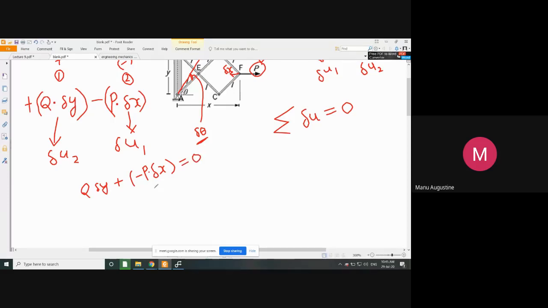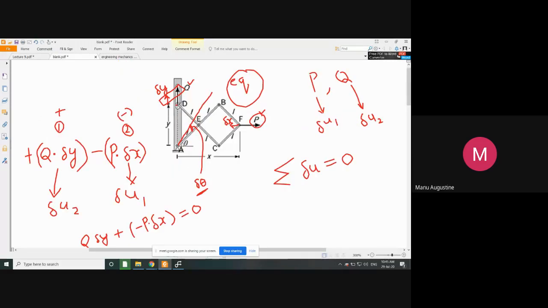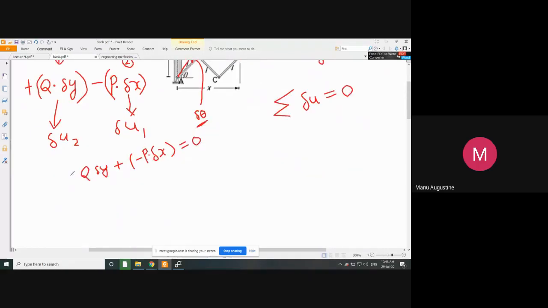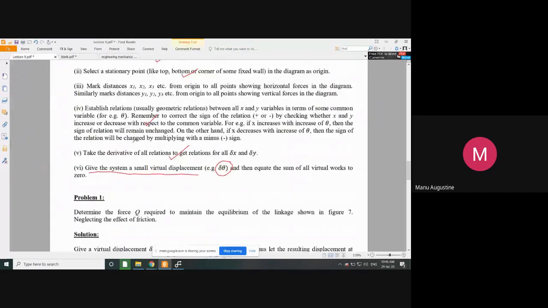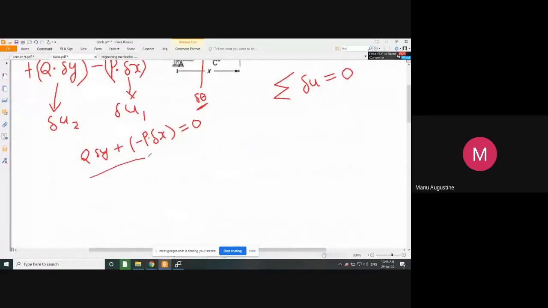Now this equation will automatically give you the value of the unknown force Q that had to be applied at D so that it keeps the system in equilibrium when P force is already pulling at point F. P फोर्स जो है वो F को ऑलरेडी पुल कर रही थी. आपसे ये पूछा गया था कि कितना फोर्स Q लगाएं यहां पर D पे जिससे कि ये पॉइंट आगे चल ना पाए. ठीक है, ये क्वेश्चन पूछा गया था. And we applied this whole number of steps here and eventually we came up with this equation.